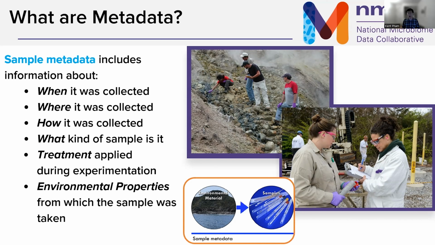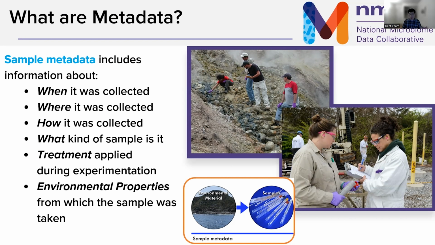You're going to want to say what kind of sample it is, and then any treatments that might have been applied to it during the experiment. And finally, you're going to want environmental properties, which is a very loose umbrella of saying, get as much as you can so that you can paint a picture of what things were like when you captured your sample data.